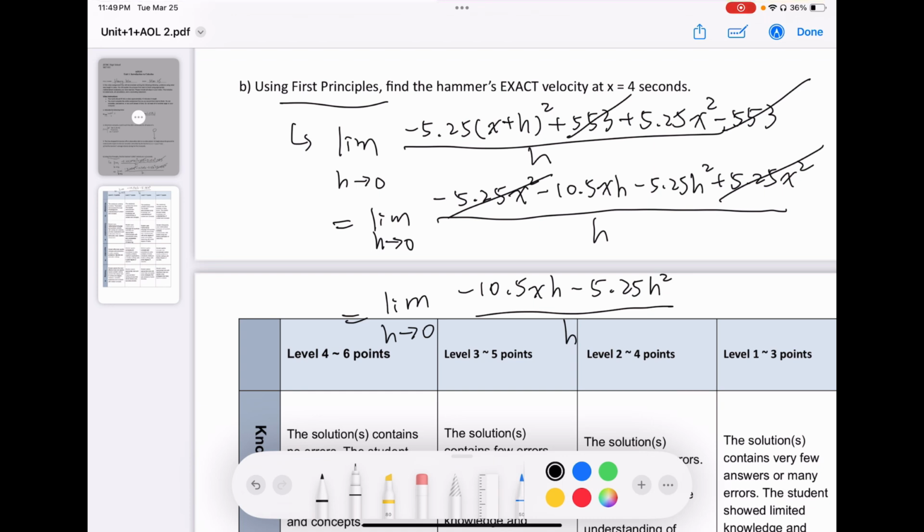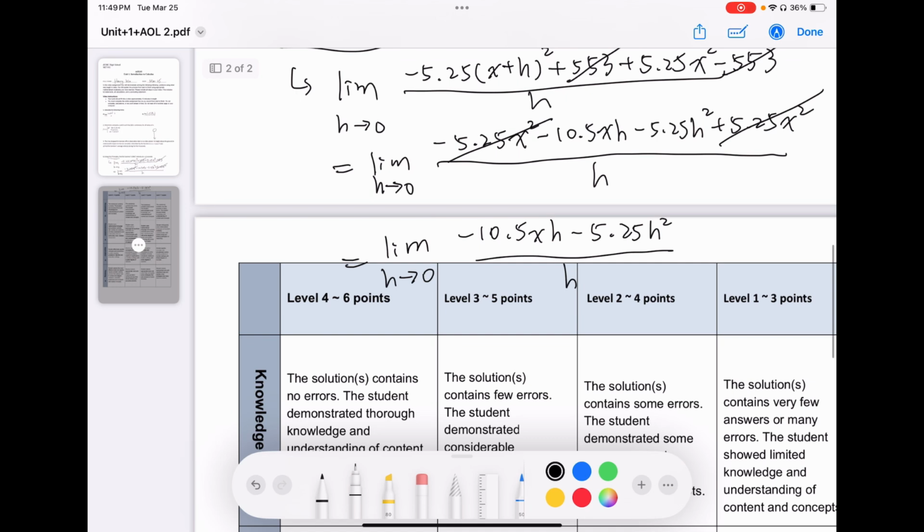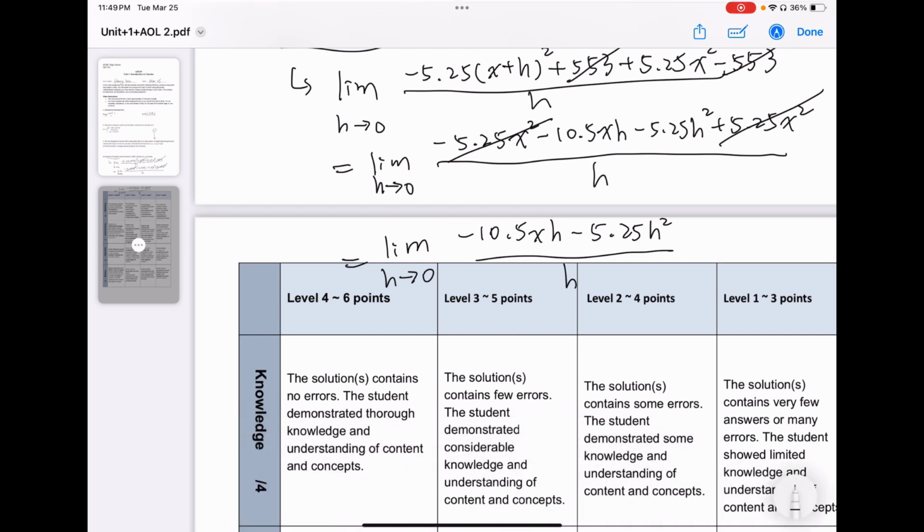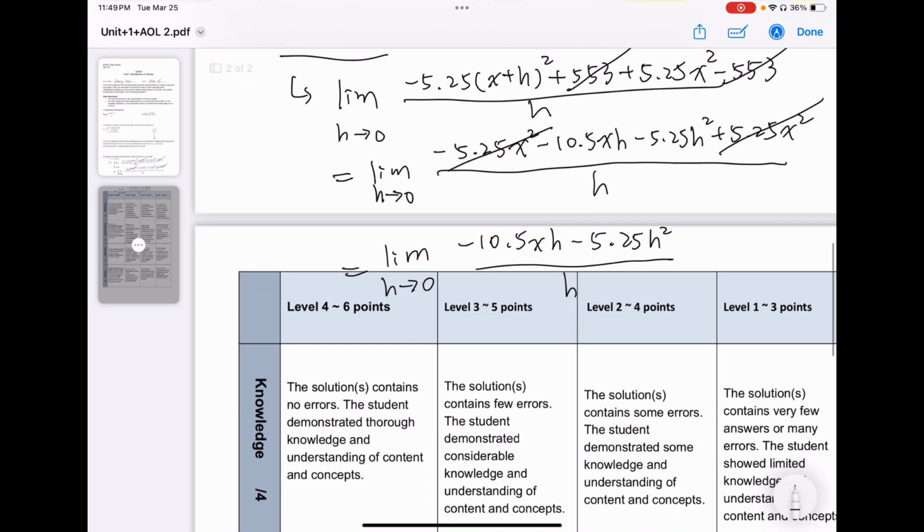And then we can take out h, I mean minus h. Yeah, I think we can take out minus 5.25.